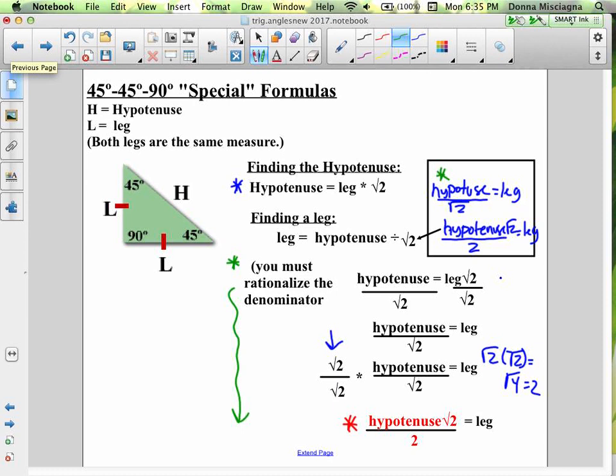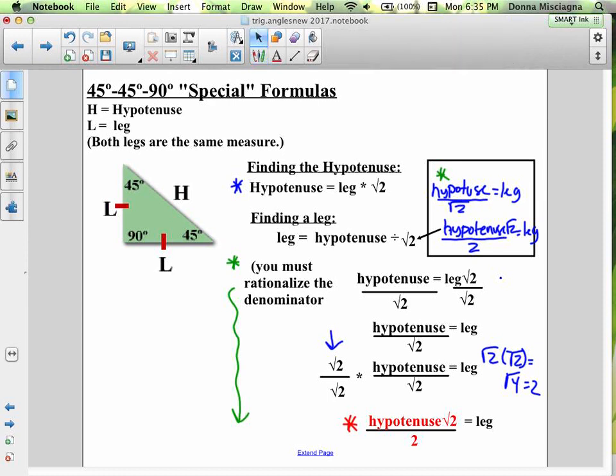That'd probably be best, if you can write small enough so that you can have all the steps there, and it'll help you if you know the hypotenuse and you're looking for the leg. Or the other option is you can write the stuff that's in the box there if you're very certain on how to rationalize a denominator. That's just showing you how to simplify it.